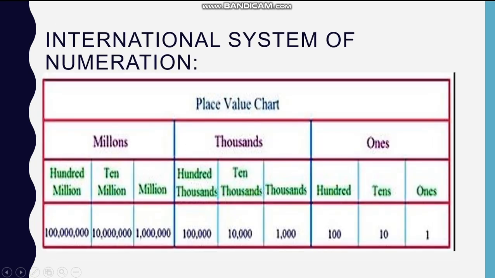In the same way, for the international system of numeration, ones is denoted by O, tens by T, 100 by capital H. Then 1,000 is TH, 10,000 is TTH, 100,000 is HTH. Then million is denoted as M, 10 million as TM, and 100 million as HM.